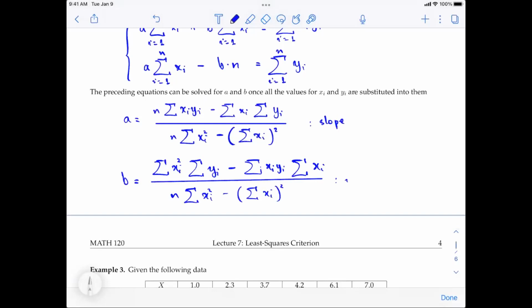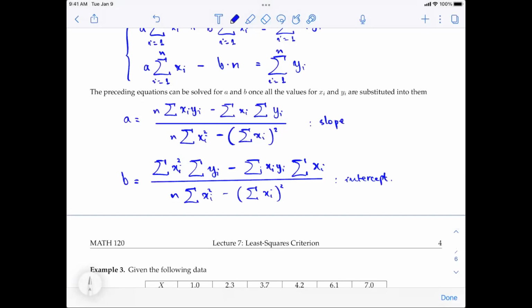And this is the intercept. We're going to use these two formulas to help with our calculations of a and b to fit the curve to the data points.